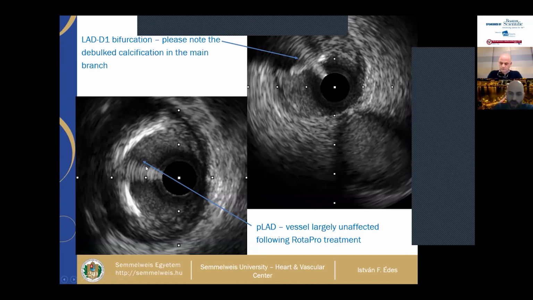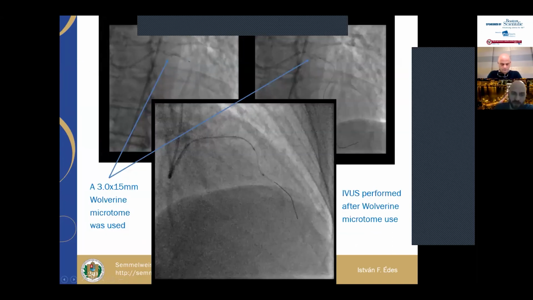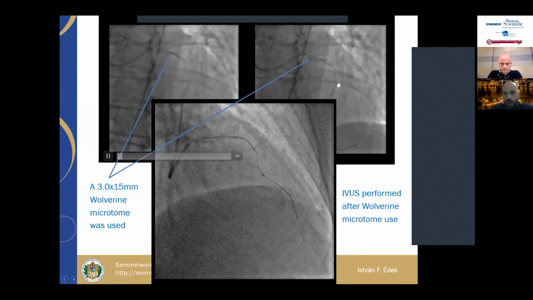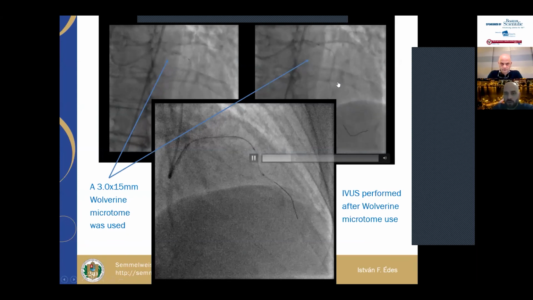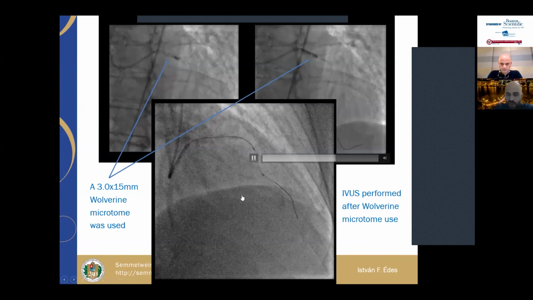This needed additional treatment. What we did right here, we used a 3.0/15 Wolverine cutting balloon. You can see it expanded on one side and the other side. The entire vessel was ballooned with this cutting balloon, and we did a third imaging afterwards.